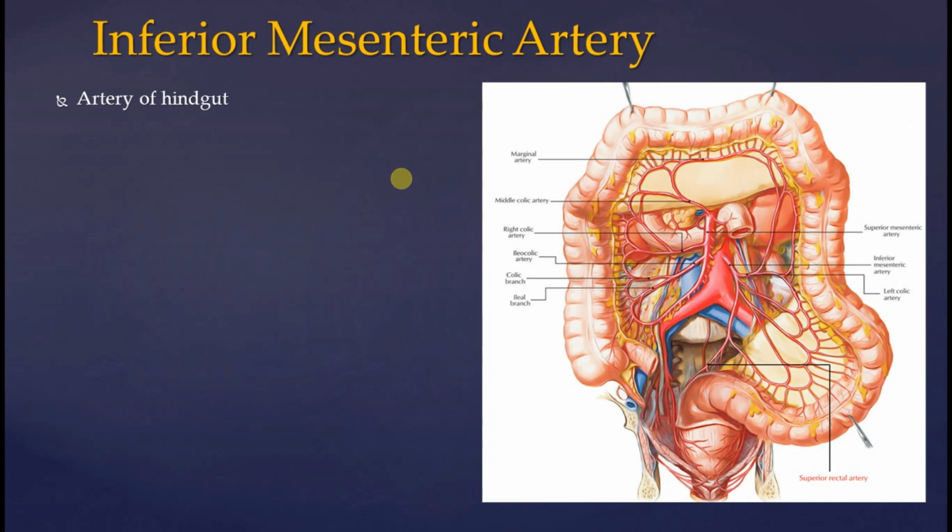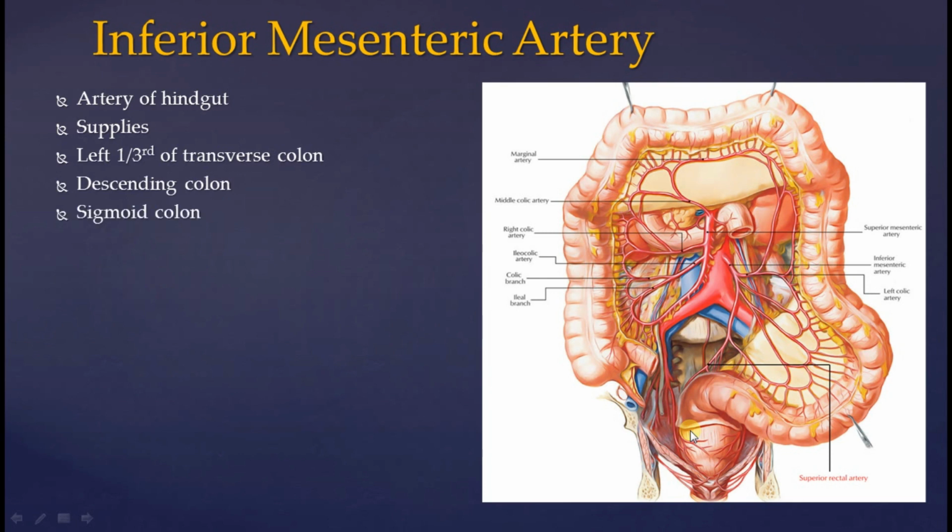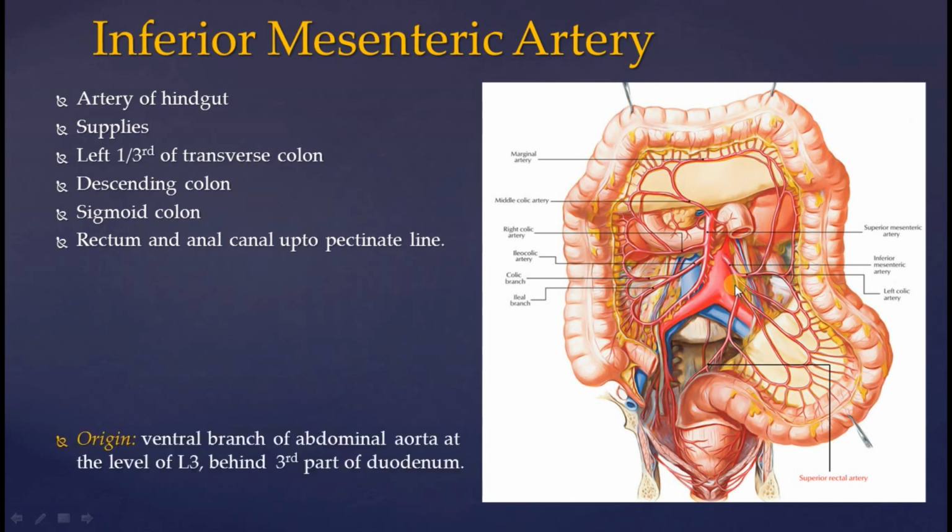Now coming to the inferior mesenteric artery, it is the artery of the hindgut. It supplies the left 2/3 of the transverse colon, the whole of the descending colon, sigmoid colon, rectum, up to the pectinate line of the anal canal.